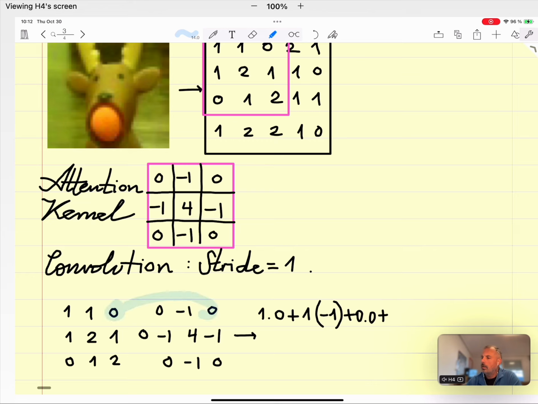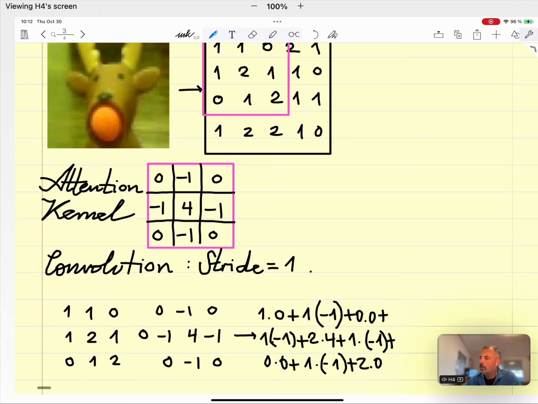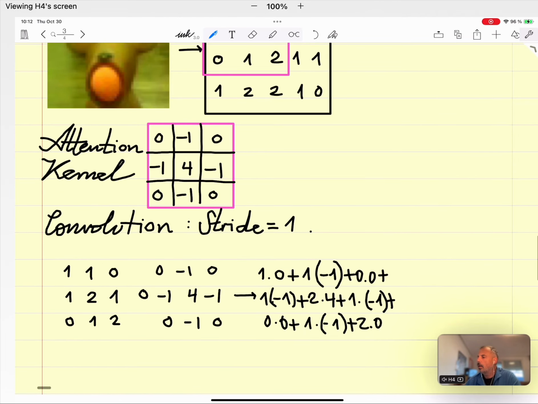You see, it's just multiplying elements, plus 1 times minus 1, plus 2 times 4, plus 1 times minus 1, plus 0 times 0, plus 1 times minus 1, plus 2 times 0. And this gives us one number. If we do it real quick, minus 1, minus 2, plus 8 is 6, minus 1 is 5, minus 1 is 4. This delivers 4.